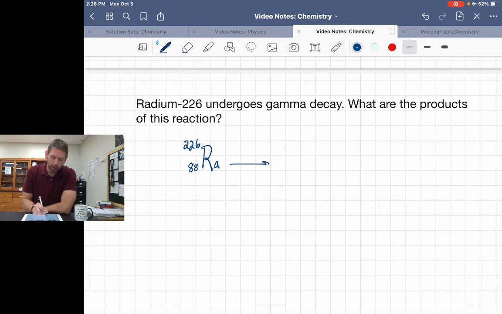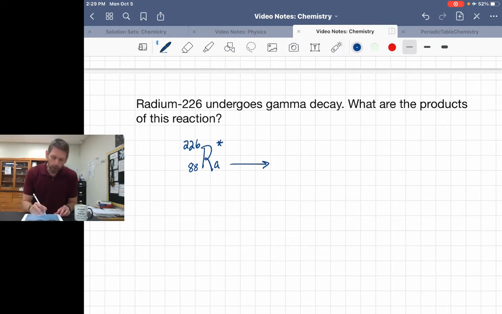So in gamma decay, what happens is the element itself, the atoms themselves. We're looking at one atom, but there's usually a bunch of atoms here. They are already energized, and so we show that by putting an asterisk on it to show that it's radium-226, but we would say it has some ionizing energy that can be released.